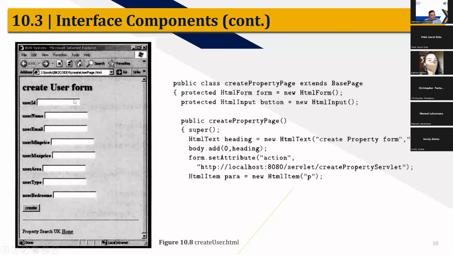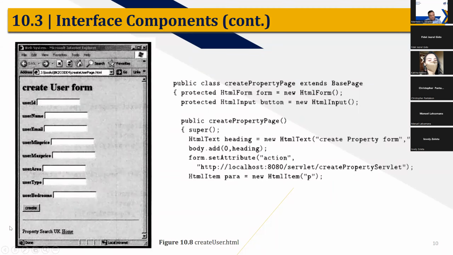So under create users, the system provides user ID, username, user email. These are the information that needs to be filled in for you to be able to create such a user.